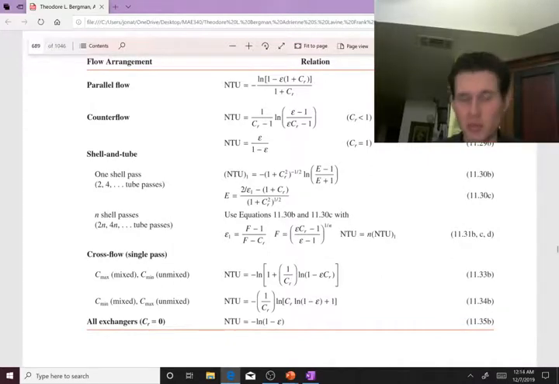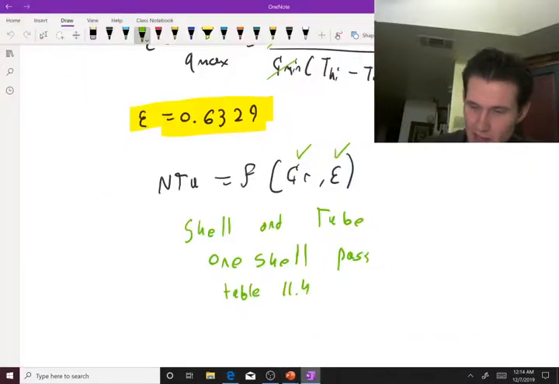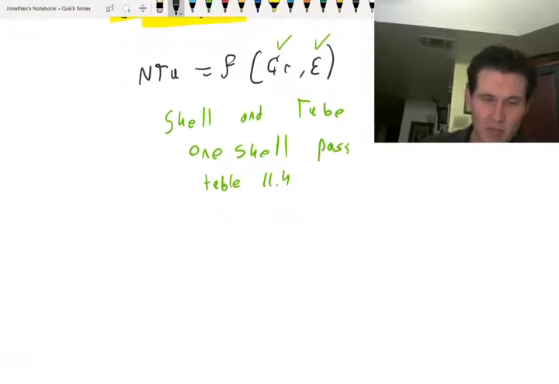Bam, shell and tube heat exchanger. Bam, we have a one shell pass heat exchanger. We get some equations. There are no special conditions. So here we are. Everything's working out really nicely. We go back, we record these equations down.